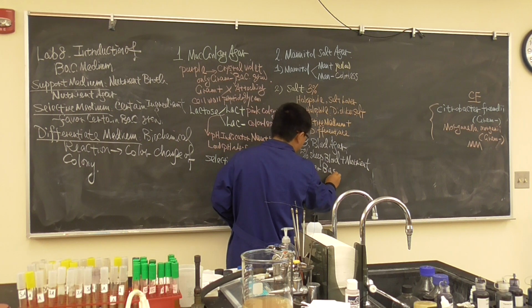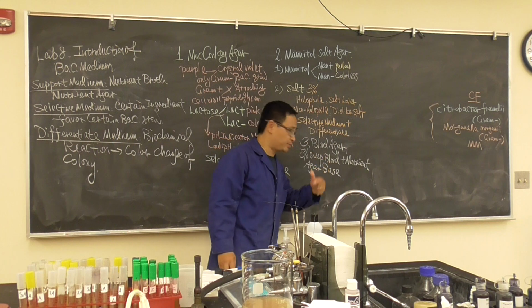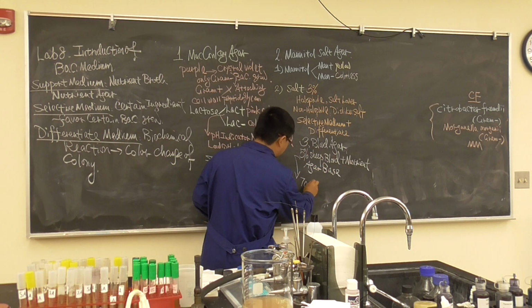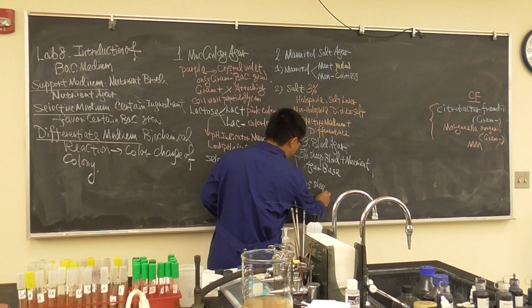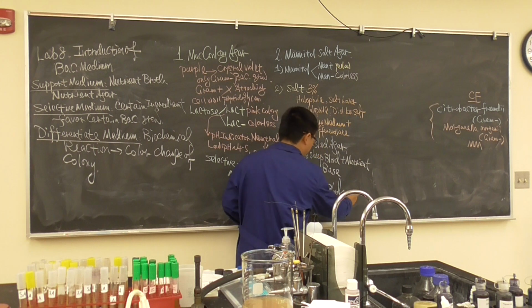So you can understand it is just a normal agar. You add 5% sheep blood. The reason, as we mentioned, is that in the 70s, people found sheep blood is very similar to human blood.